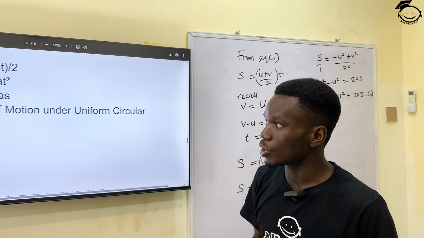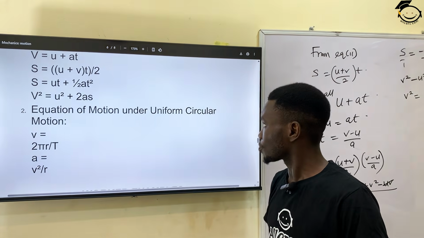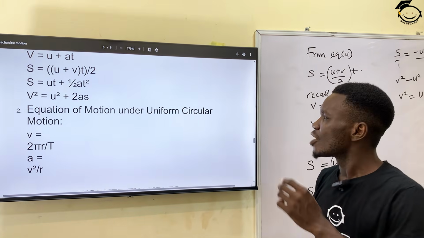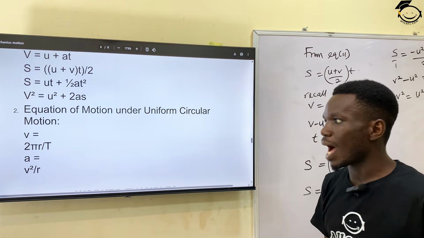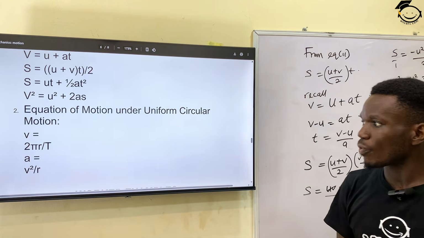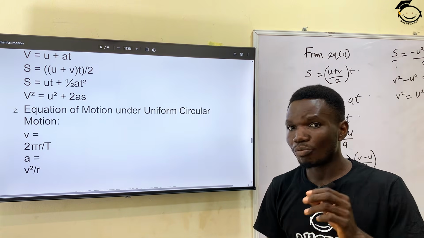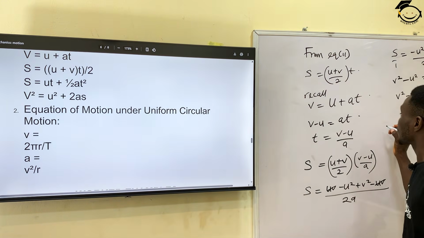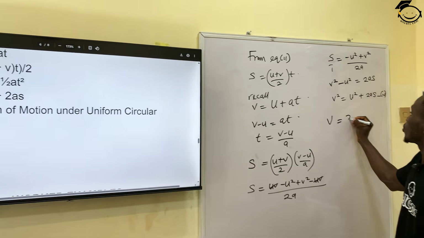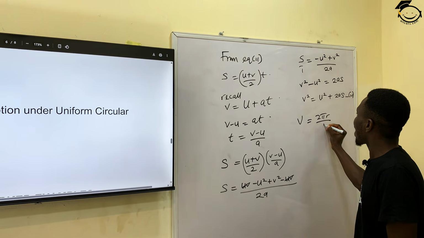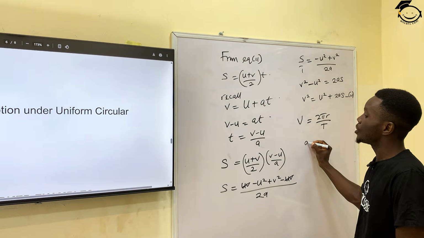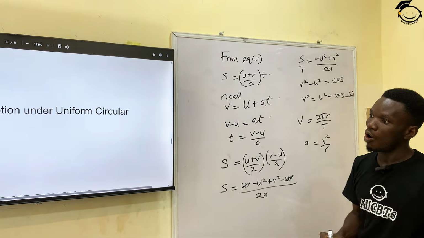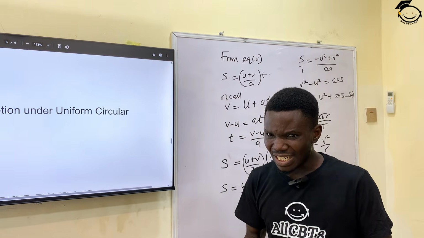So these are the equations of motion. Then we have equations of motion under uniform circular motion. Under uniform circular motion, your equations are simplified such that my velocity is equal to 2 pi r over the period, and my acceleration is velocity squared over the radius of the circular path.